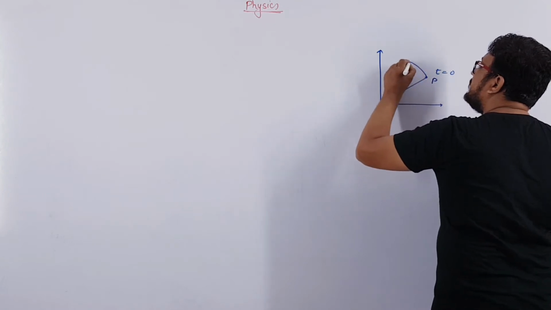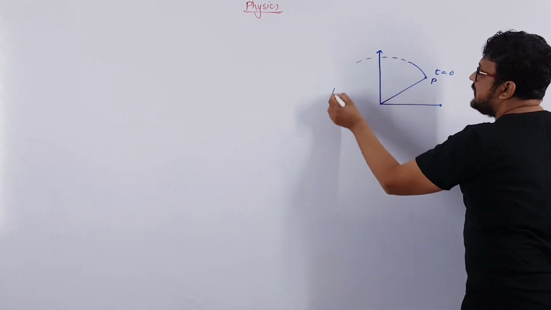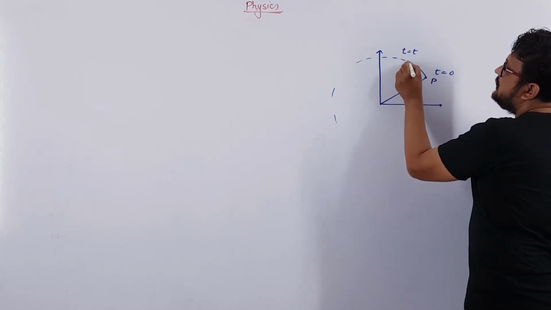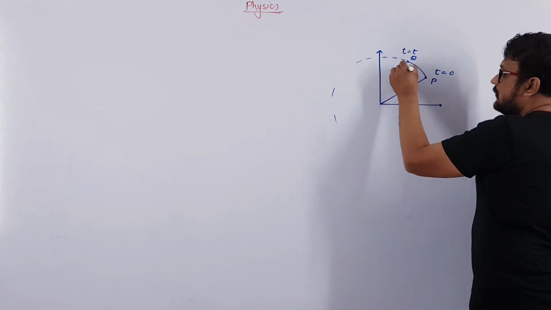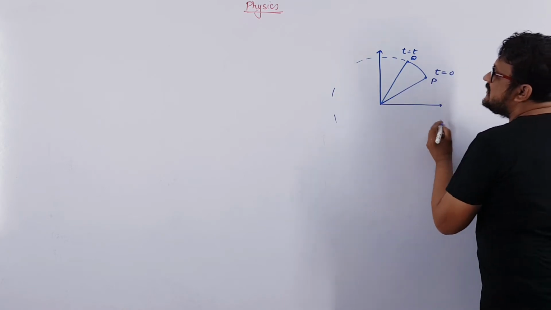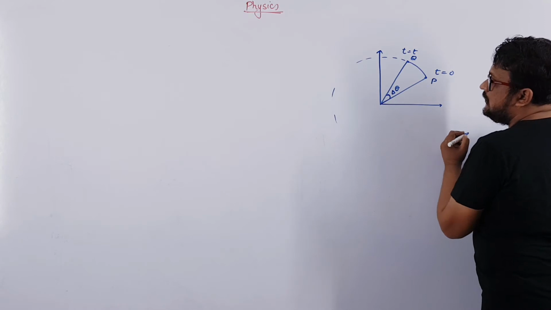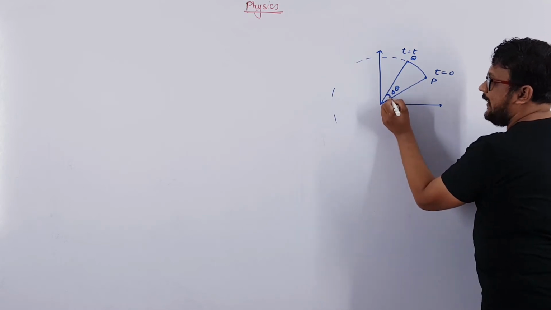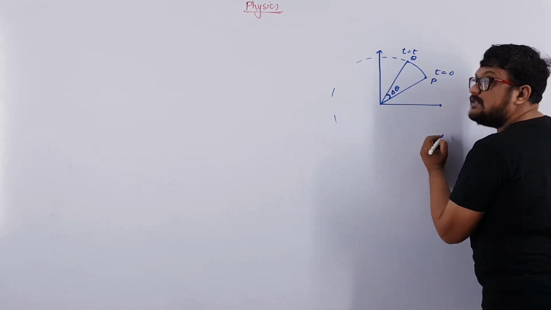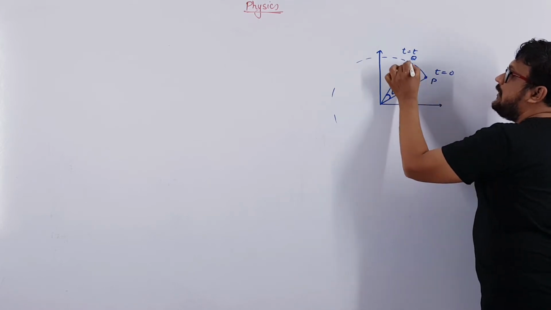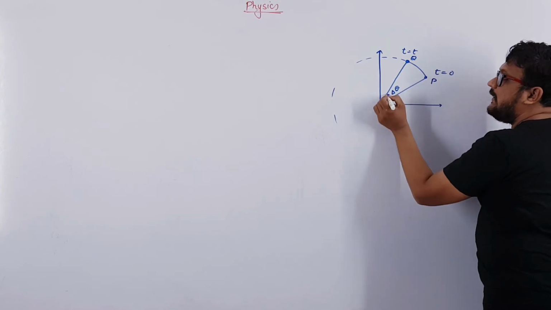So let us say if you continue this, you will get a circular path, right? So let us say at time t is equal to t, the particle moves to point Q in such a way that it has covered an angular distance of delta theta, right? This angular distance is known as angular displacement, right? Initially the particle was at point P, it has moved to point Q, making an angle of delta theta.